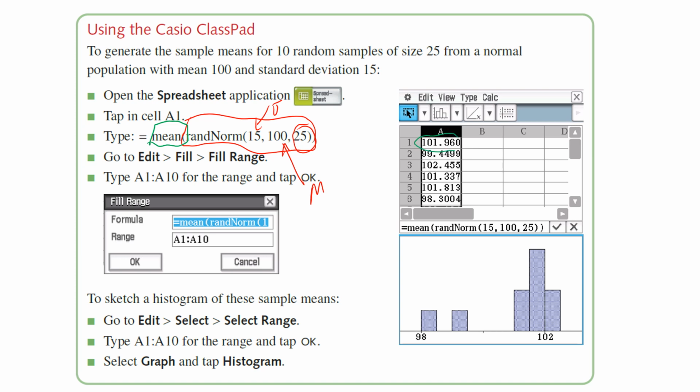Looking at that first cell, it's pretty close to 102. The next one, as you can see below it, is 99.45, and so on and so forth. So what it's doing is simulating sample means, and it's collecting a whole bunch of sample means together in this histogram that you see over here.